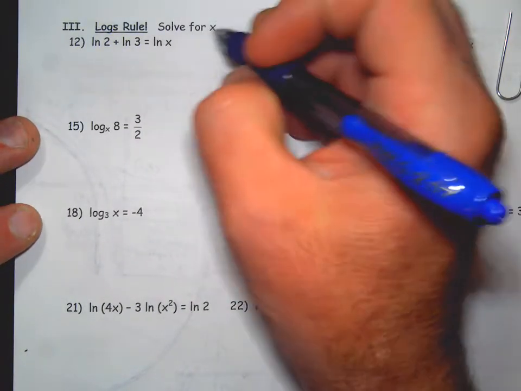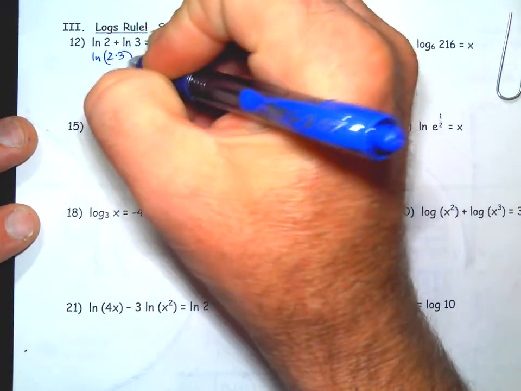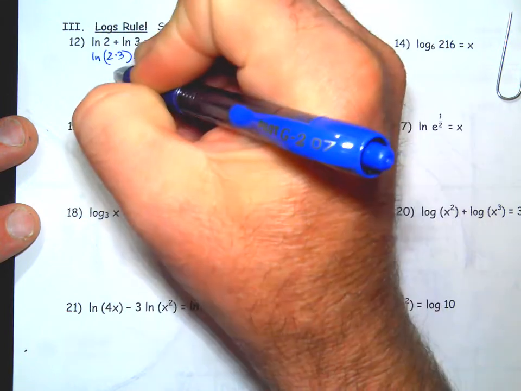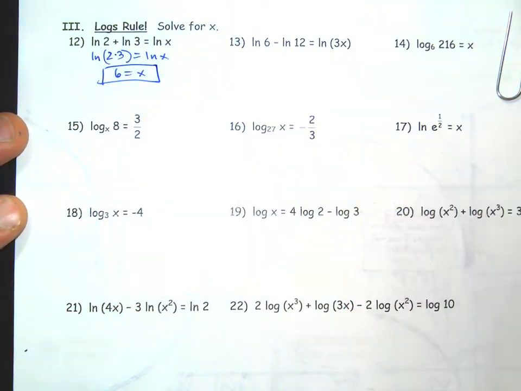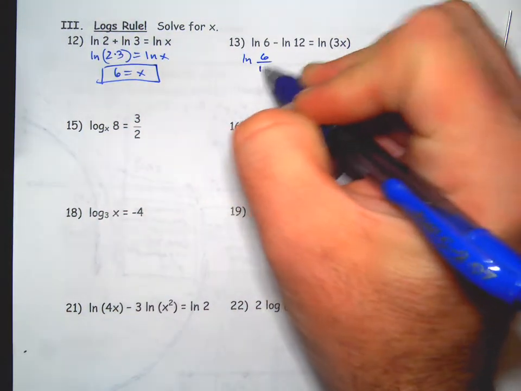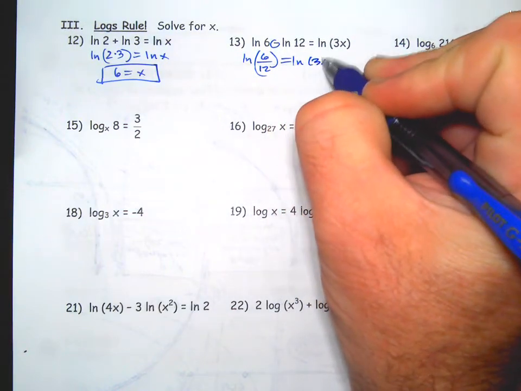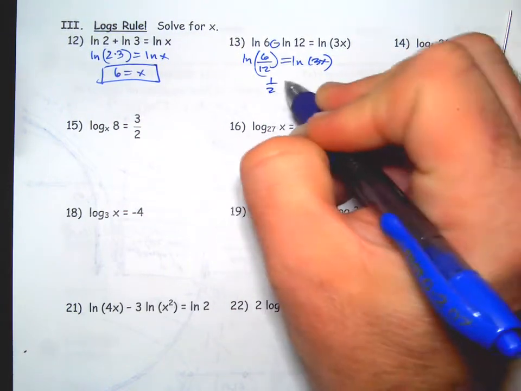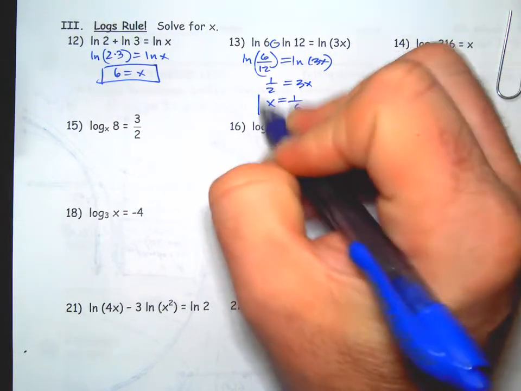It's really up to what we have here, but we've got to combine these logs first, and then we can set their insides equal to each other. So that's the easy one, right? This one, natural log, divide, because it's subtraction. So you get 1/2 equals 3x, x equals 1/6.